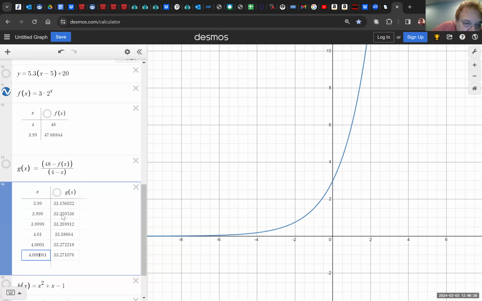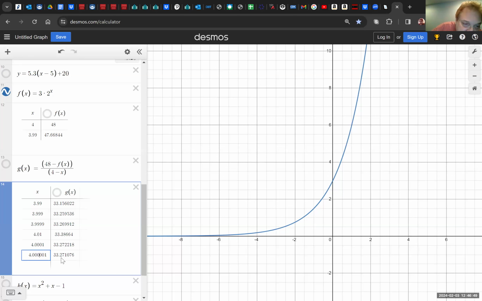So what do we got here? 33.1, 33.2, 33.2. It looks like it's getting closer to 33.26. Maybe it's getting closer to 33.5 or 34. What about bigger numbers? For 4.01, it's 33.3. Closer to 4 is 33.2. Even closer to 4, a ton of zeros, is 33.27.